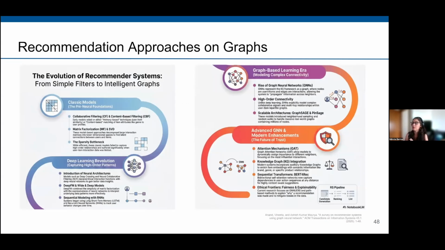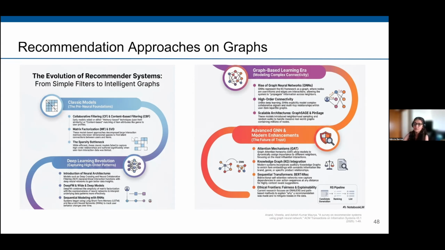This timeline here is also from a very recent survey, a survey on recommender systems using graph neural networks. But I really like to show this because it shows the evolution of recommender systems, starting from classic models. Okay, so simple collaborative filtering using simple KNNs with similarity metrics, which, by the way, are still used as baselines.